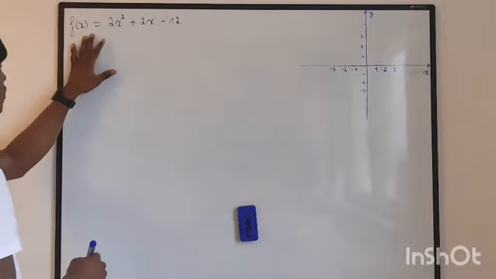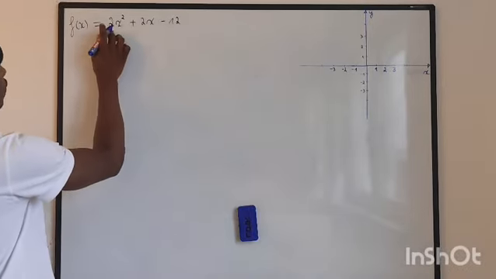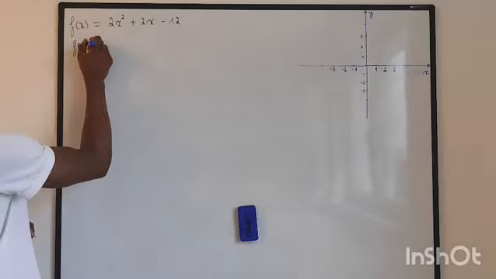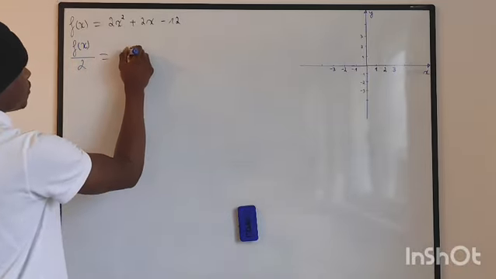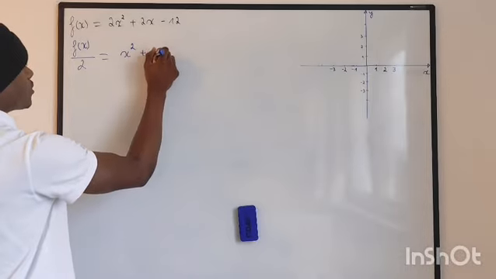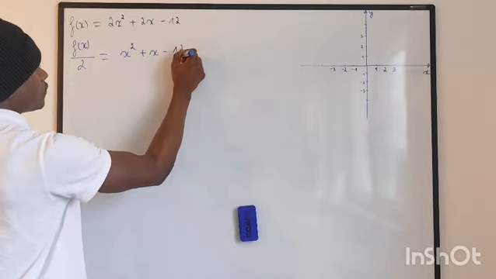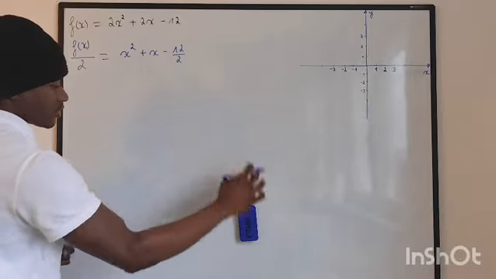To do that, we first need to divide our equation by the coefficient of x squared. f(x) over 2 equals x squared plus x minus 12 over 2, which is 6.